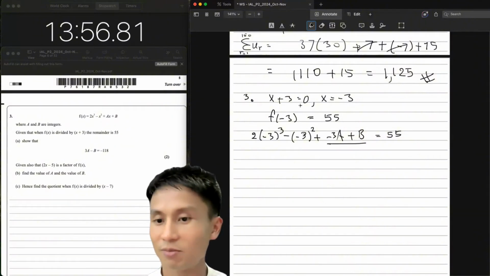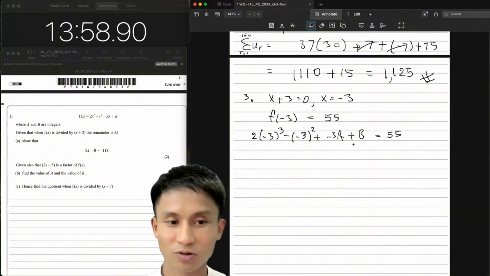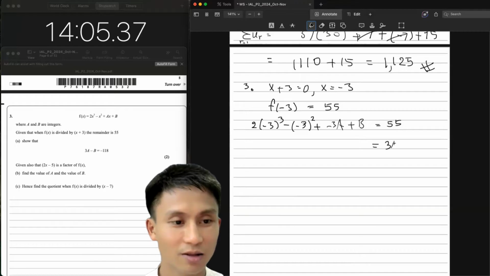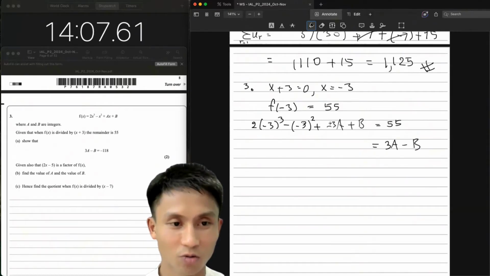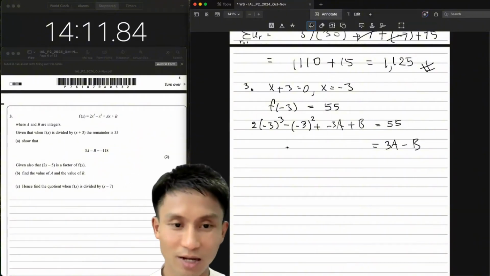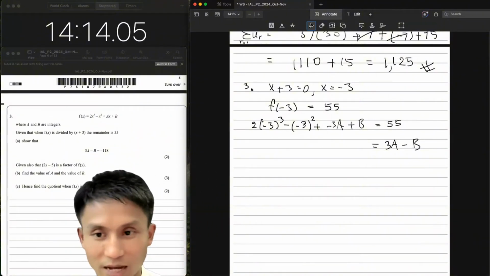Seems like the 3a and the b are in the right place because we don't need to do anything to them. Maybe I'm going to move these two to the other side. On the right side, I get 3a minus b, the whole lot of the 3a and b there. And 55 would be moved to the left. So what do I get here in totality?